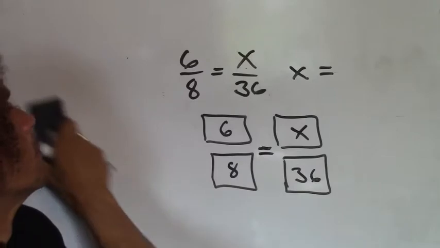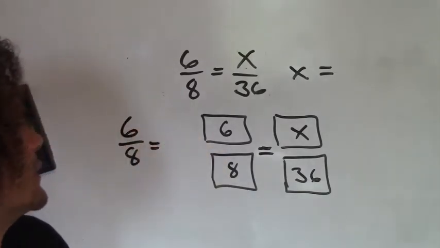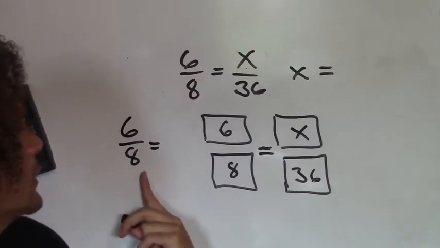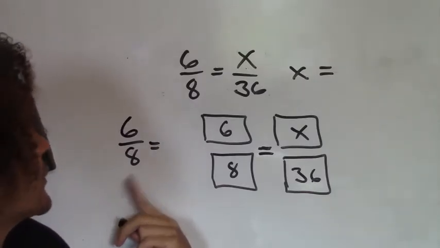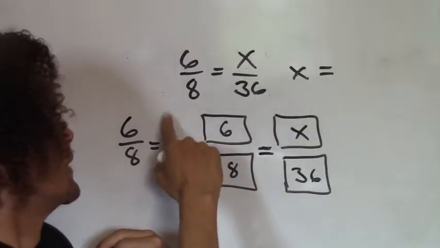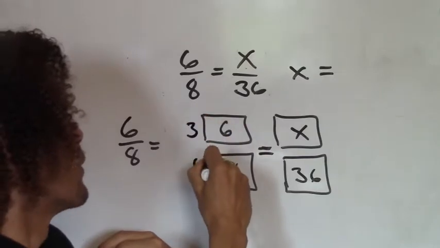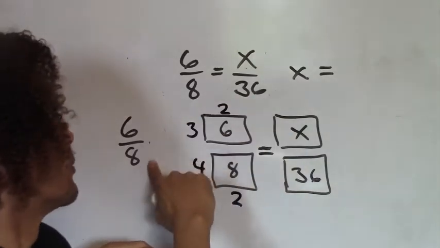What's the lowest term for 6/8? Make it smaller. 3/4. You are correct. So this is the same thing as 3/4, and this one just means that we moved over by 2, and we moved over by 2 on our blocks, right?